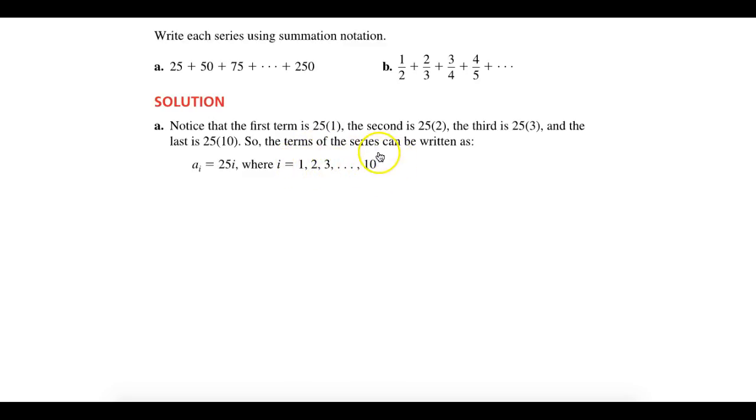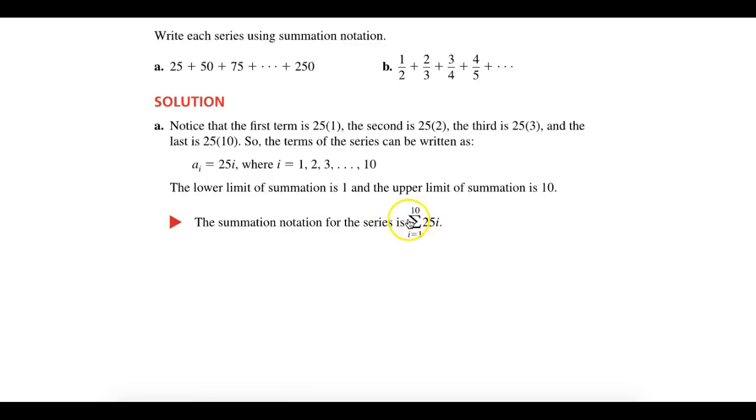So 1 through 10. Now with all these series, we're trying to look for a rule where we get a number times a counter. So 1, 2, 3. So we're trying to find how we can apply our rule to each counter term so we can write it as a series or a rule. So here, since we have a lower limit, which is I equals 1, and an upper limit, I equals 10, in summation notation, we would write this as our sigma sign.